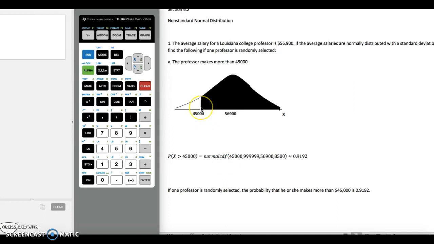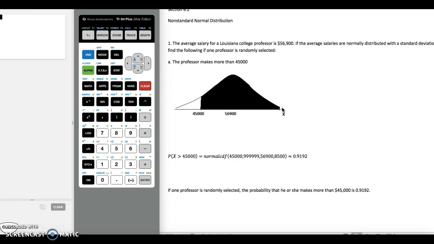Well, remember, to get your lower bound and upper bound, you look at the graph. You read the graph from left to right. So the shading starts here at 45,000 and continues in this direction towards positive infinity because the graph never ends.